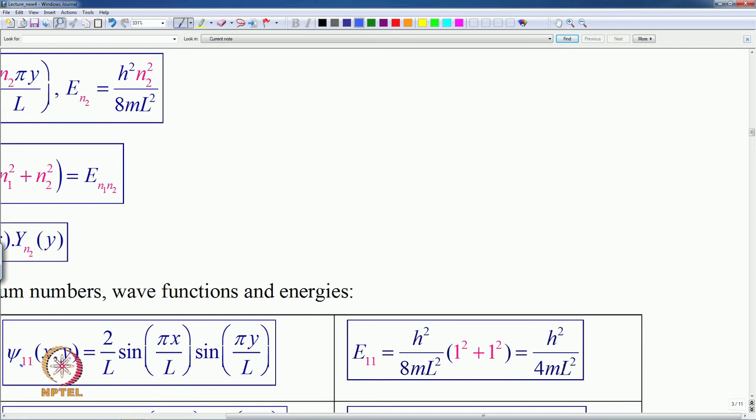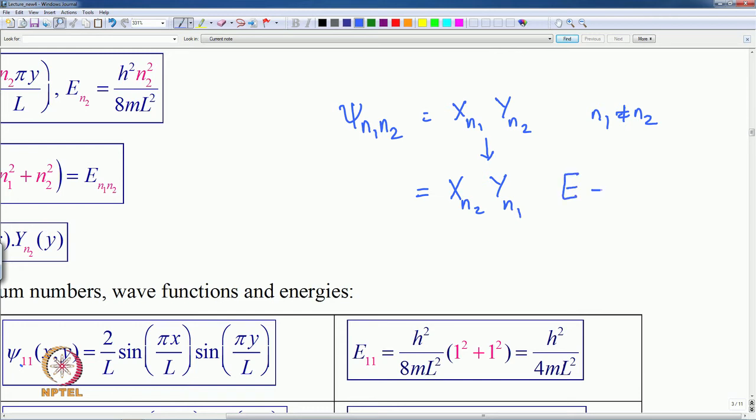What is interesting is the next choice. You have psi n1 n2 as x of n1 y of n2. If n1 is not equal to n2, it is possible to have the wave function given by x of n2 and y of n1, because the energy is simply proportional to n1 square plus n2 square times h square by 8 m L square, which is the proportionality constant.